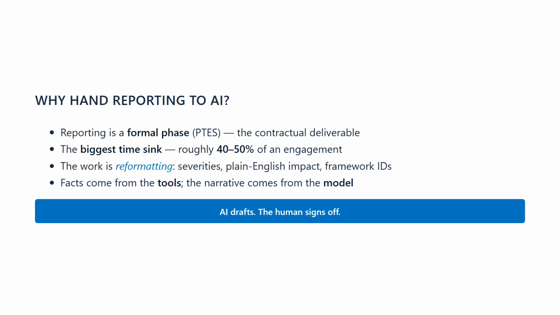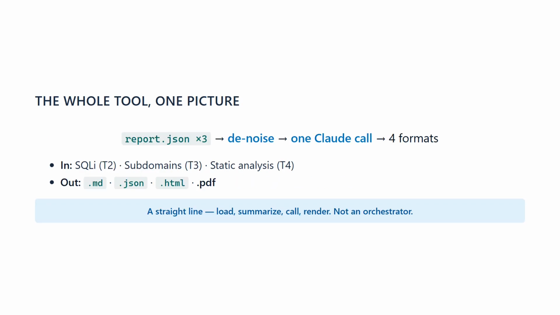Here's the entire thing on one slide. 3 inputs: the report files from tutorials 2, 3, and 4. The SQL injection scan, the subdomain search, and the static code analysis. We denoise each one into a compact brief.